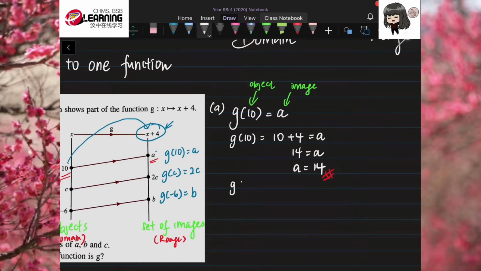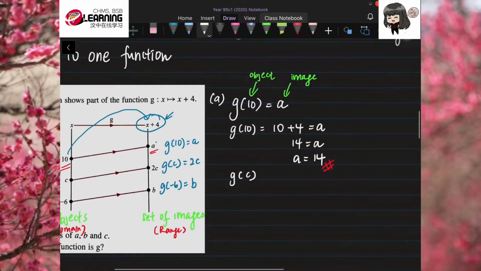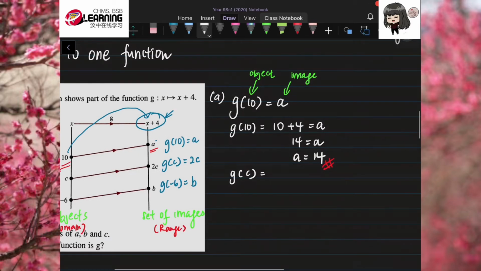So the next one, g of c is 2c. This means that we sub c into the function x plus 4, x will become c, then plus 4, and it gives you an output which is 2c.